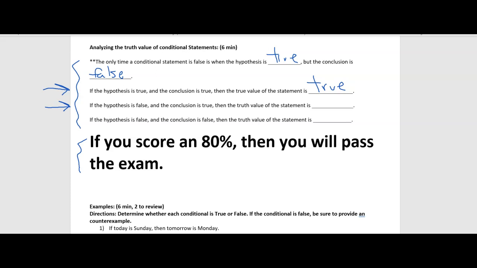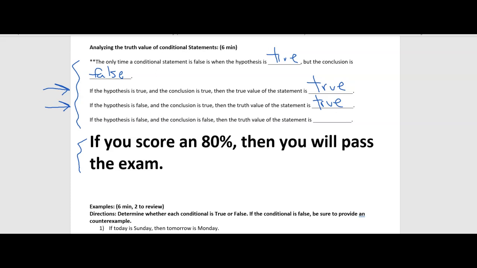If the hypothesis is false and the conclusion is true, then the truth value of the statement is still true. So let's think about how this would occur with this conditional statement. My hypothesis is the first part, if you score an 80%. So let's say that's false. Let's say they scored a 90%.